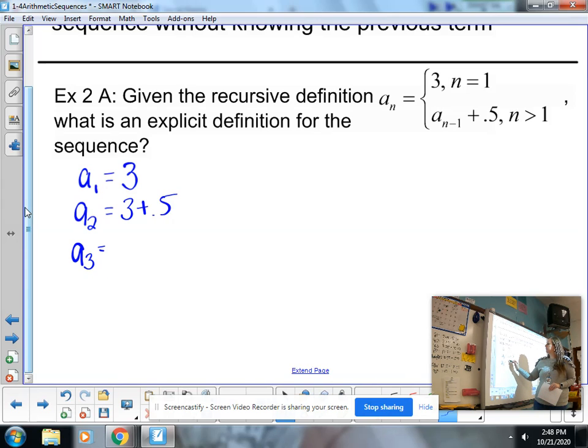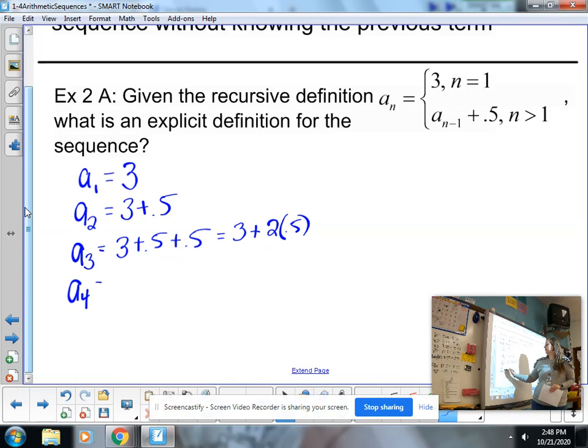The third term would be the previous term, so the 3 plus 0.5 plus an additional 0.5. Well, now I have two 0.5s, so that's the same thing as 3 plus two 0.5s.